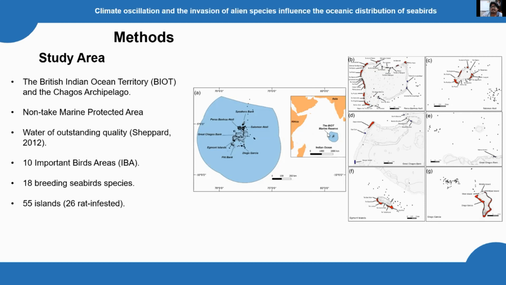This gives us an opportunity to do some good, important work. Also, this area has 10 important bird areas, IBAs, that are considered because there is a good population of birds that can be tested. And finally, it has 18 breeding seabird species. So the mixture of all these characteristics of the area leaves us a good broad-range experiment.